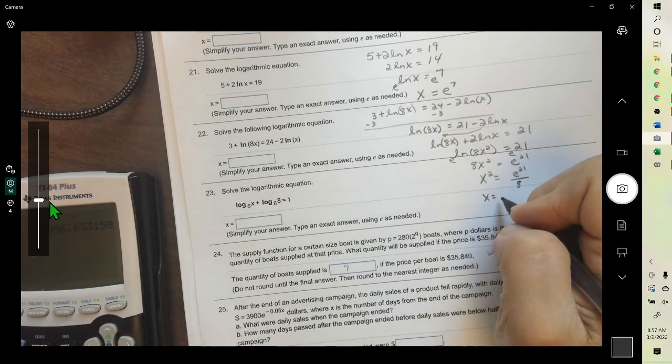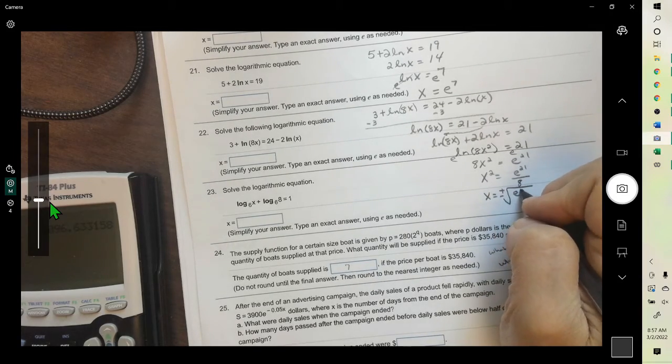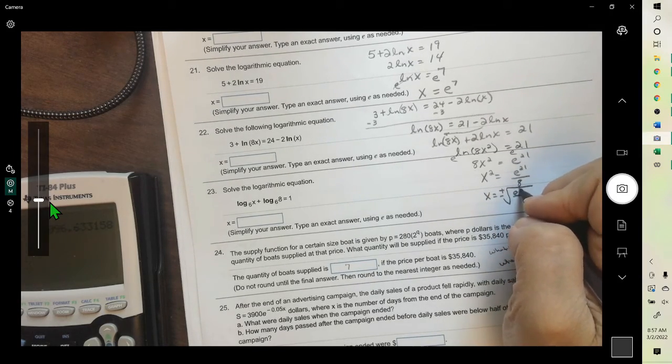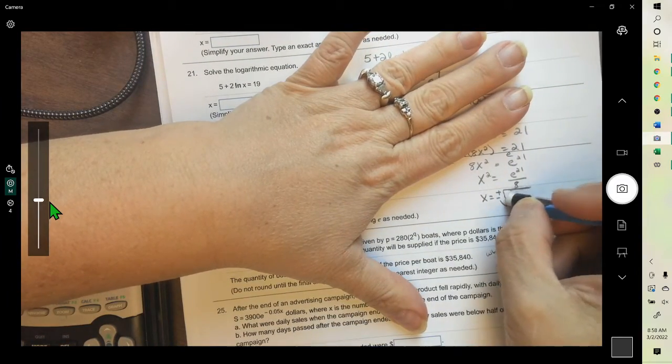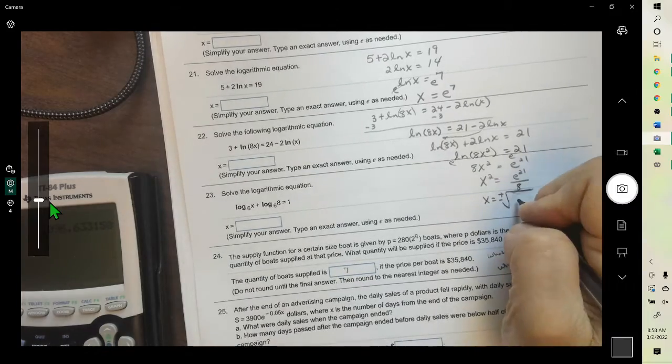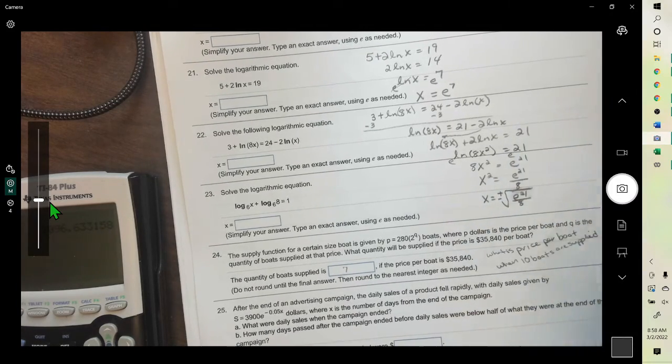Now remember, when you take the square root, it leaves plus or minus the square root of e to the 21st divided by 8. Type your answer using e as needed. So they want the exact value again.